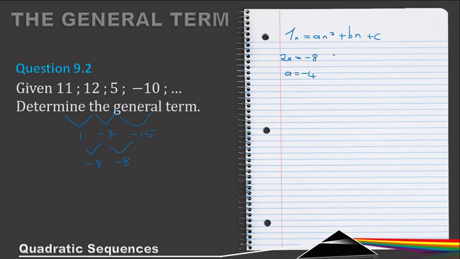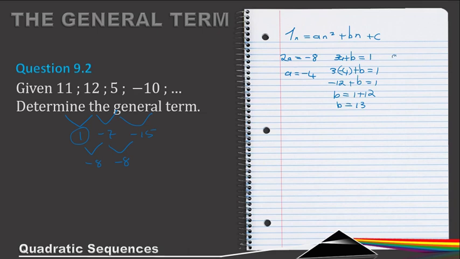And then for b's value, 3a plus b is equal to my first term in the first difference, so that's 1. So substitute a's value, 3 times -4 plus b equals 1. This is -12 plus b equals 1. So b is equal to 1 plus 12. b is equal to 13.